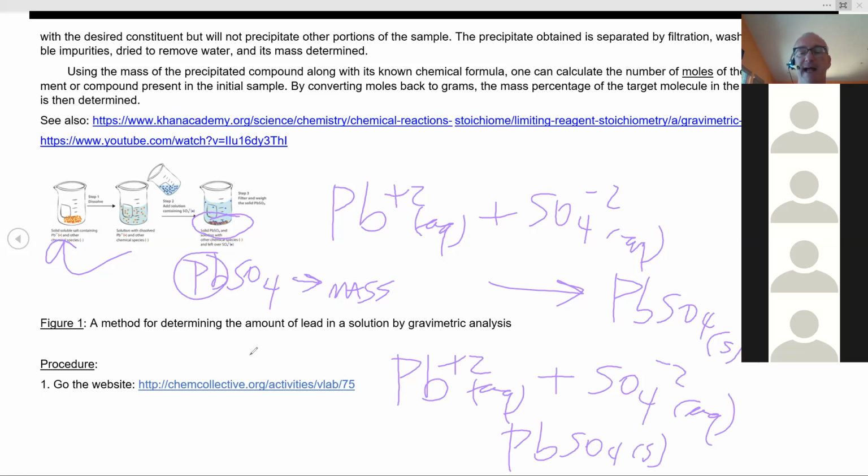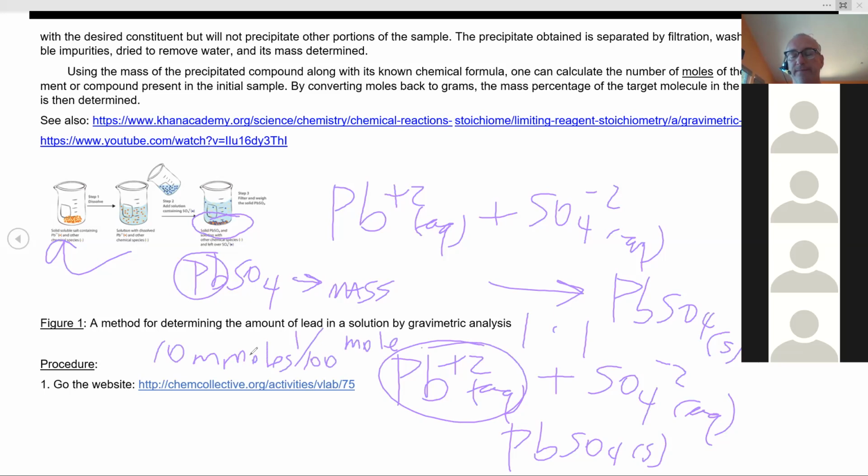Yeah, so I'm saying, let's say I had 1/100th of a mole, or as we would say, 10 millimoles. So I have 10 millimoles of lead ions in solution. Now let's say, and we know this reacts in a 1-to-1 ratio, right?